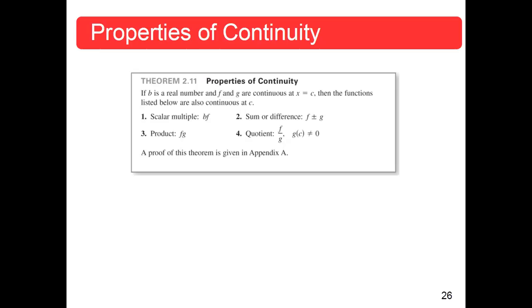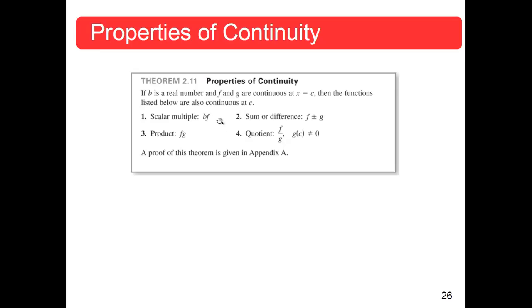These say that if you have two functions, f and g, and they're continuous at c, then f plus g is continuous at c. F minus g is continuous at c. F times g, or f divided by g are all continuous at c. Or let's say b is just some scalar multiple, some real number.